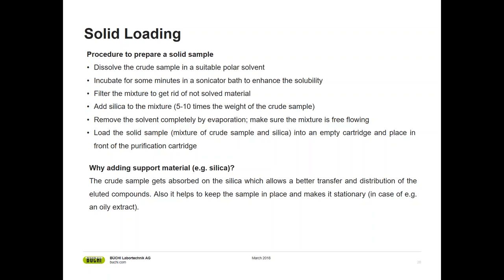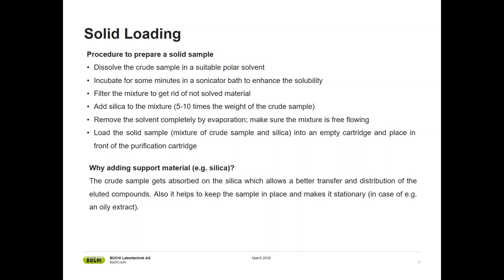Usually it's 5 to 10 times the weight of the crude sample. And then you start evaporation to remove the solvent, but make sure that at the end you have a mixture which is free flowing. And this free flowing mixture is then added in an empty cartridge, which is placed in front of the purification cartridge.